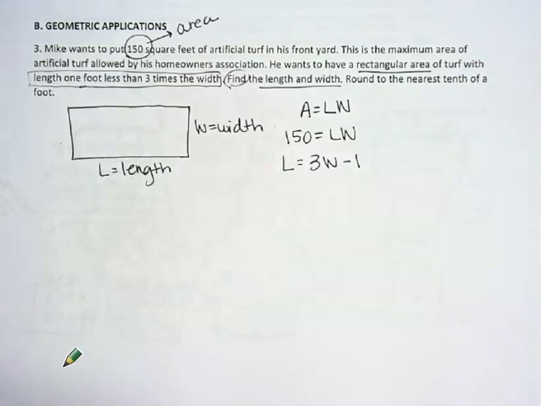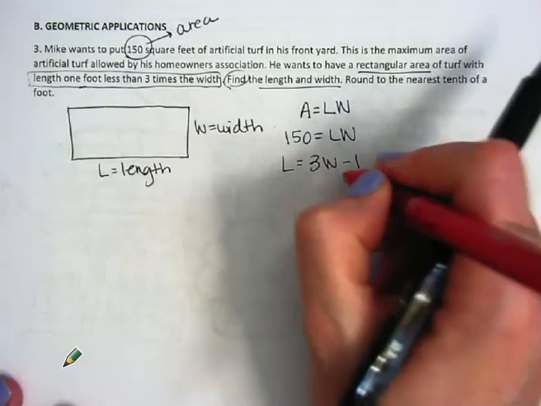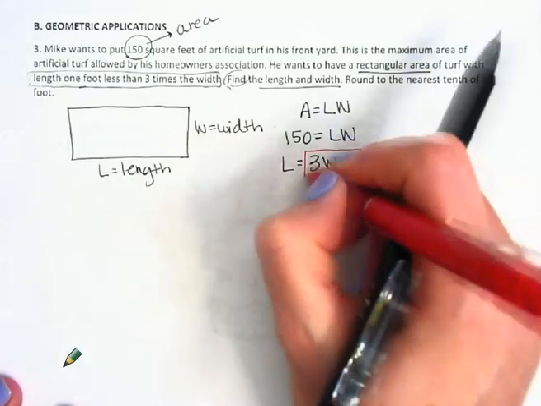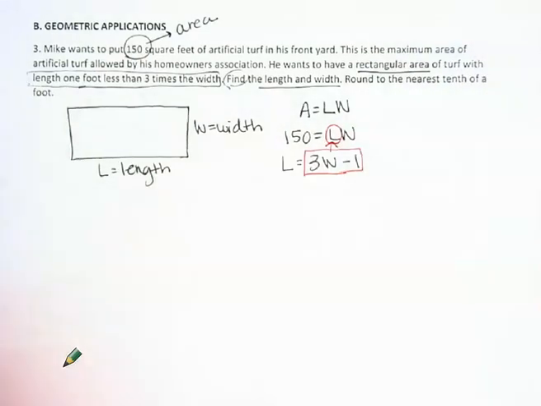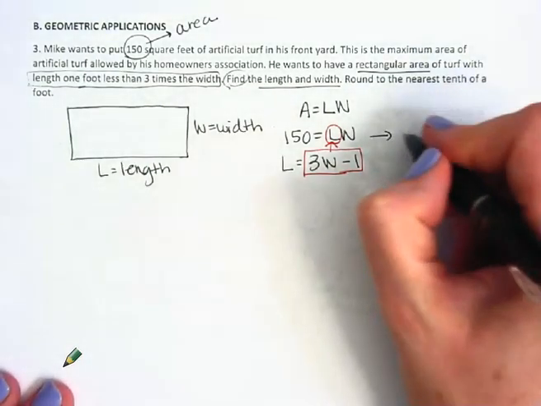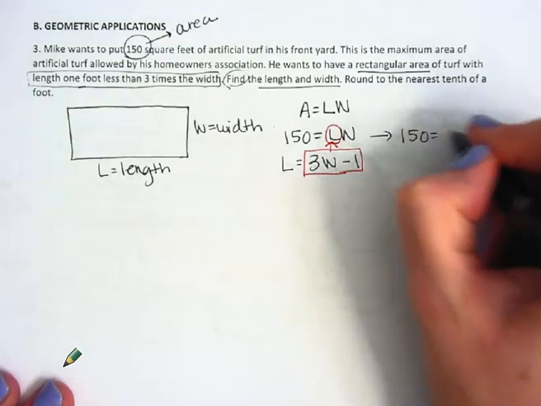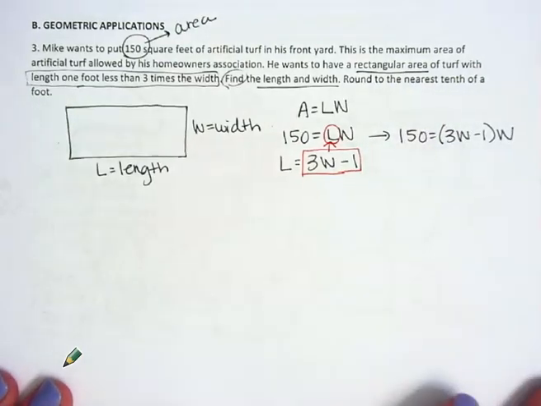So now I can set this up the way I did the last problem. L equals 3W minus 1. And I'm going to plug it into the other equation for L. So that gives me 150 equals 3W minus 1 times W.